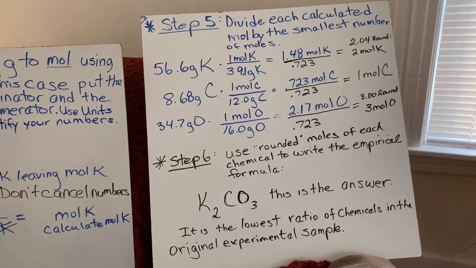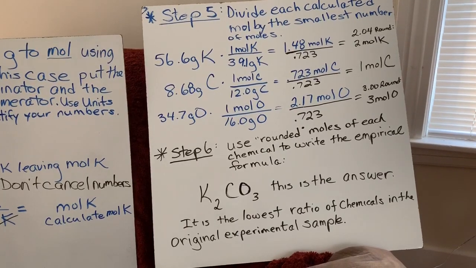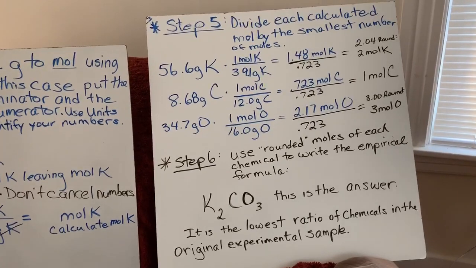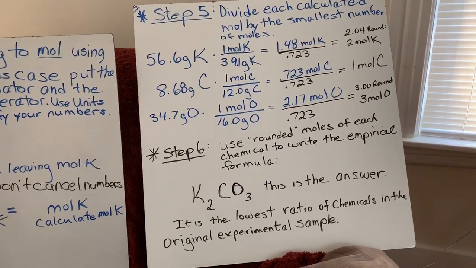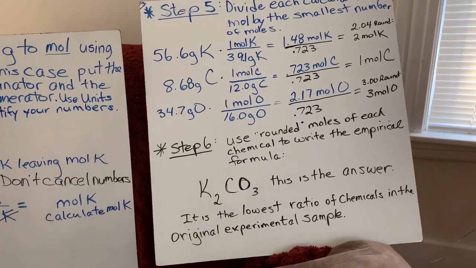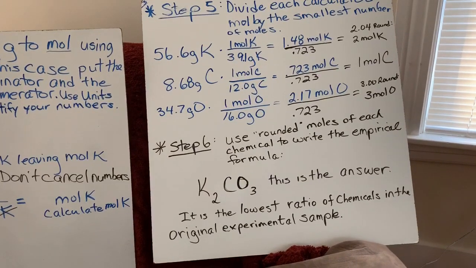I can see for carbon I have 1 mole because 0.723 moles was divided by 0.723. And then it leaves us with oxygen. 2.17 moles of oxygen divided by 0.723 equals 3.00, which I will round to 3 moles of oxygen.